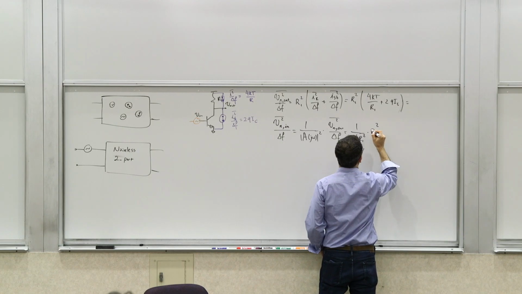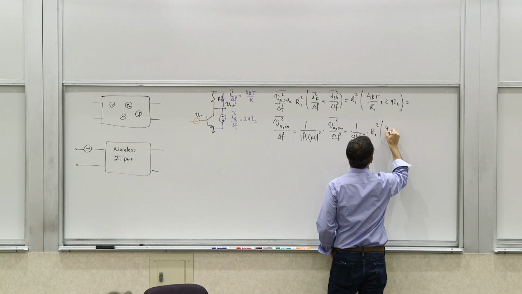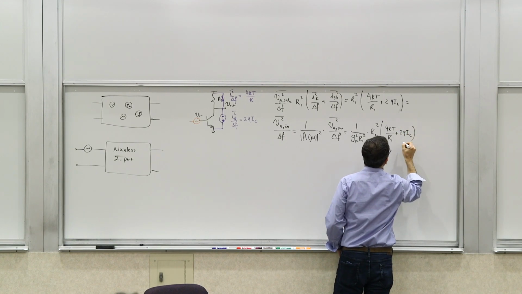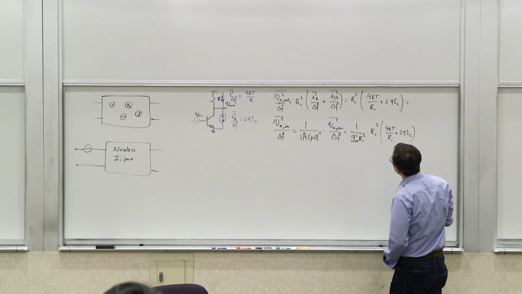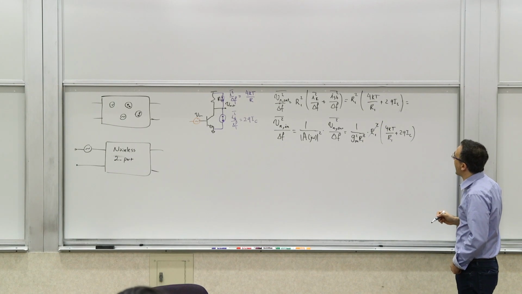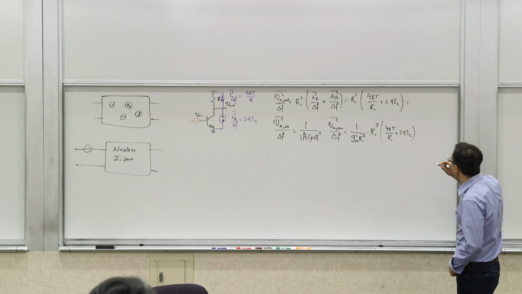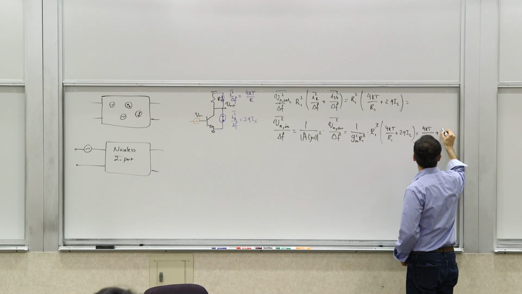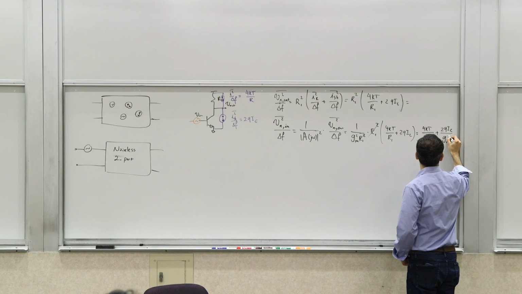So now I'm plugging the terms in: 4kT over R1 plus 2qIC. And when you do that, you will see that obviously these two cancel each other, and then you're left with the gm term. So you can rewrite this as 4kT over gm squared R1 plus 2qIC over gm squared.